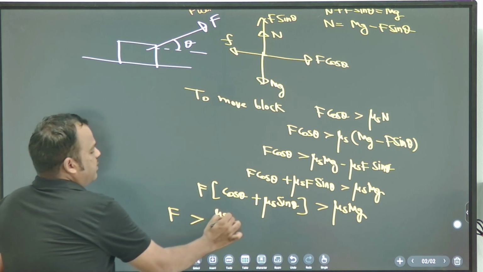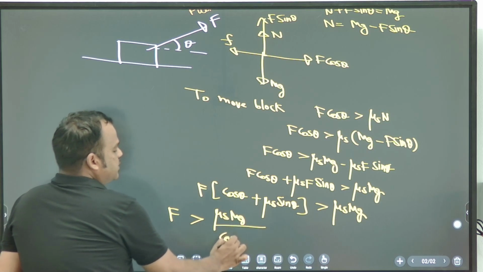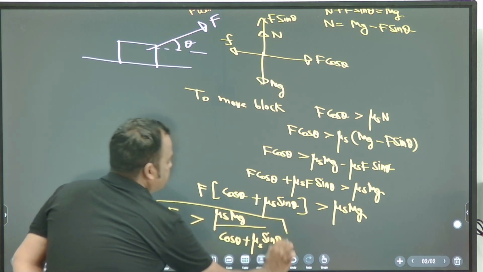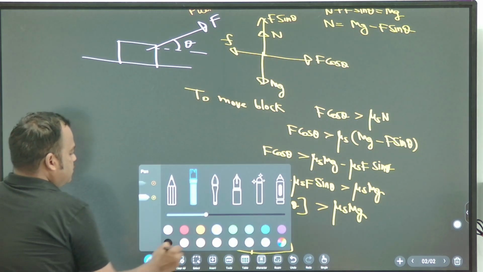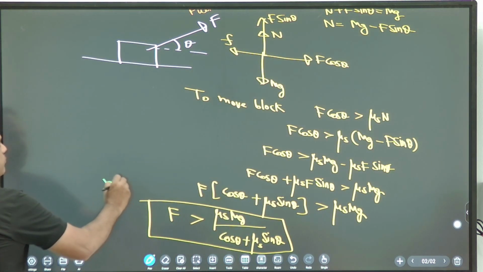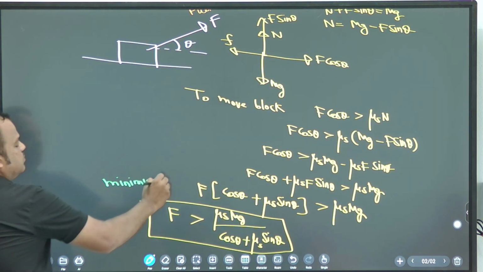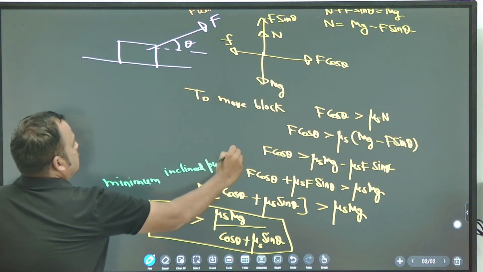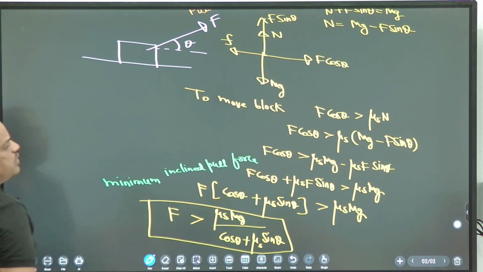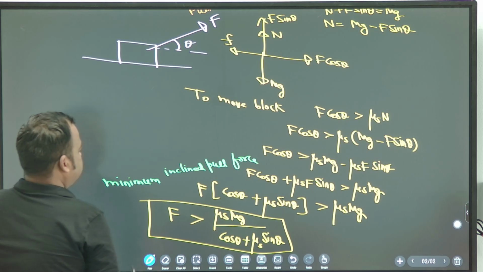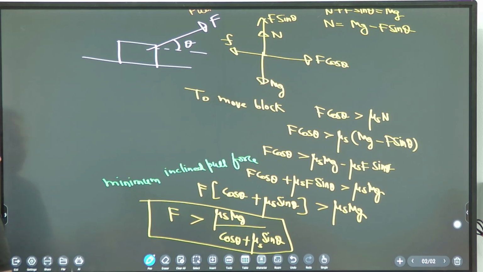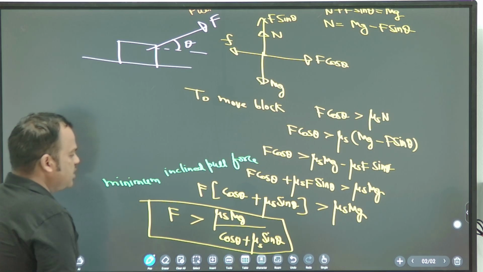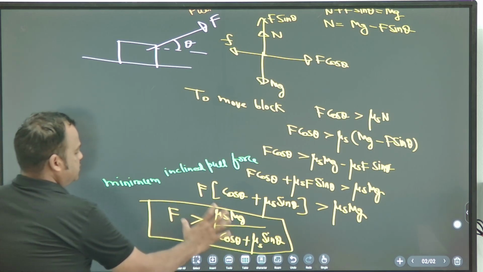F must be greater than mu s mg divided by cos theta plus mu sin theta. Okay, this is the formula. So this is the minimum inclined pull force, where you are pulling it like this.